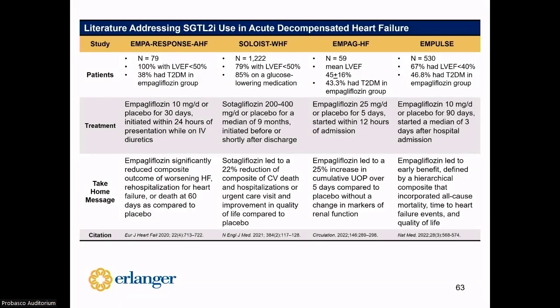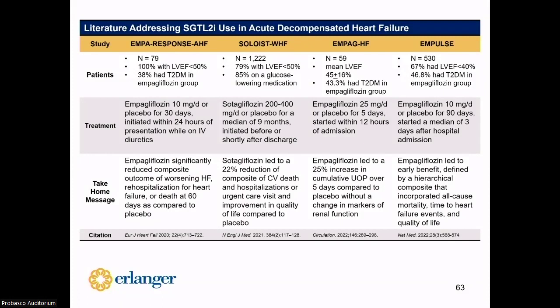And then finally, the EMPULSE trial. This was a trial done by Voors and colleagues that sought to evaluate if the in-hospital initiation of SGLT2 improved outcomes for heart failure. They included patients with any ejection fraction, noting that approximately 67% of them had that ejection fraction less than 40, and approximately 50% of them had type 2 diabetes in the empagliflozin group.